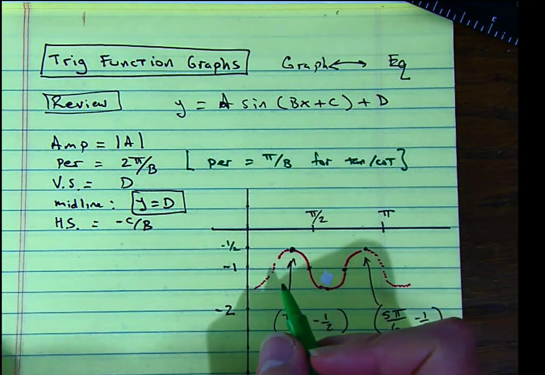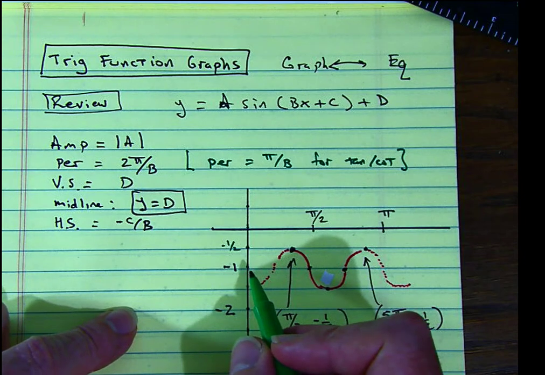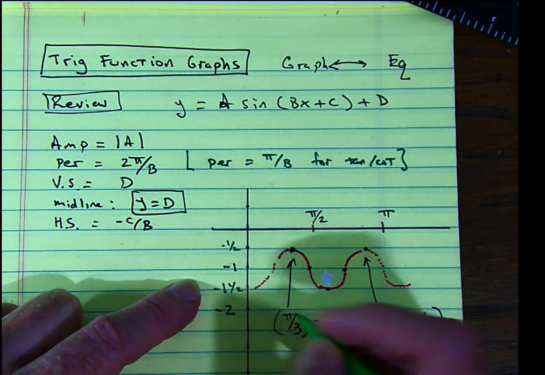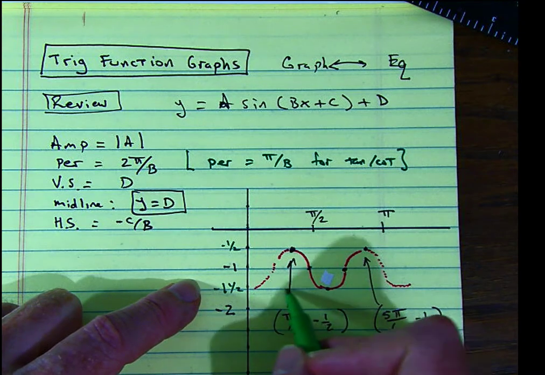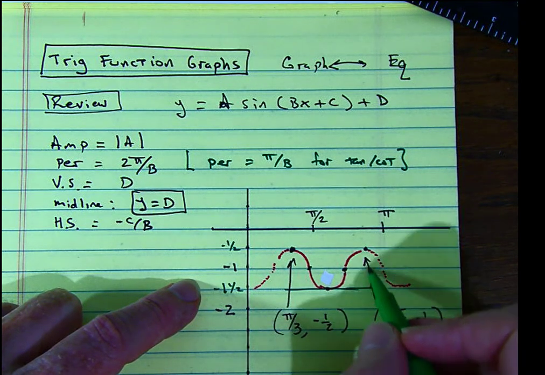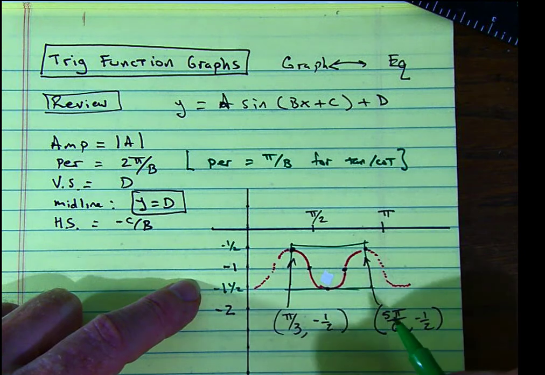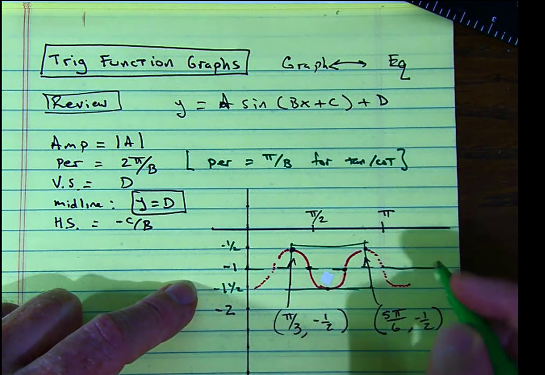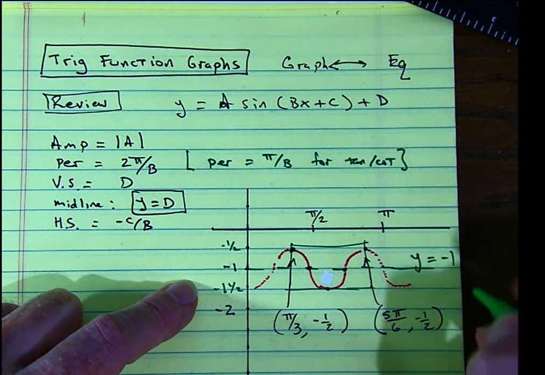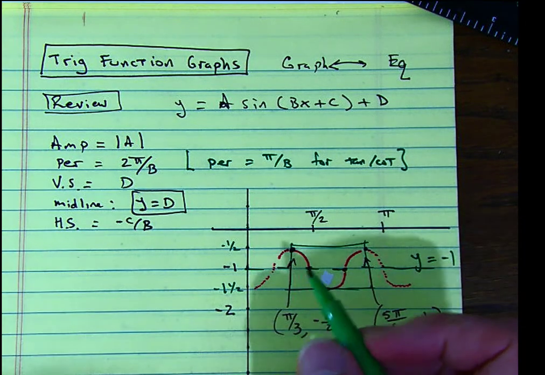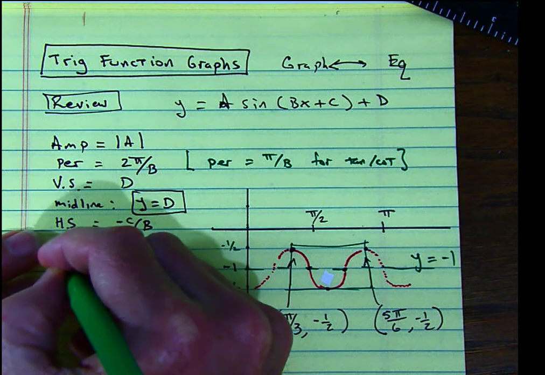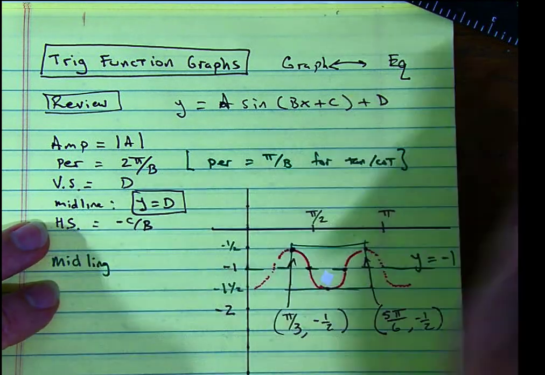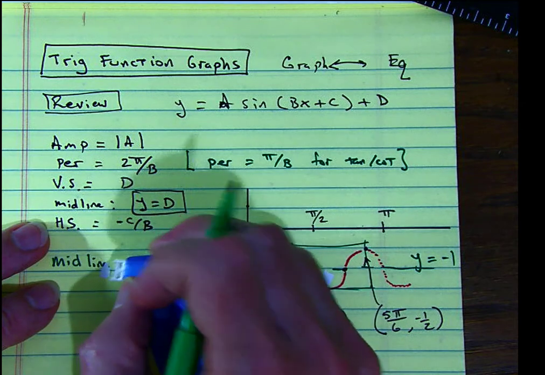So 1/2, negative 1/2 is right here. 1 is right here, and here's negative 1 and 1/2. And we have a wave kind of trapped in between that window. So that means y equals negative 1 is the midline. All right, so if we have the midline, that's an easy, important clue.